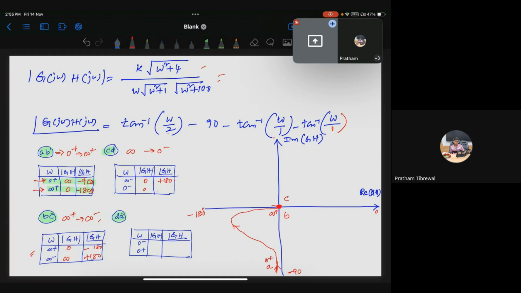This is infinity with plus 90. DA is 0 with minus 90. So now you can see BC are the same. Then you go for CD. CD starts at 180 and ends at 90. So it goes like this.